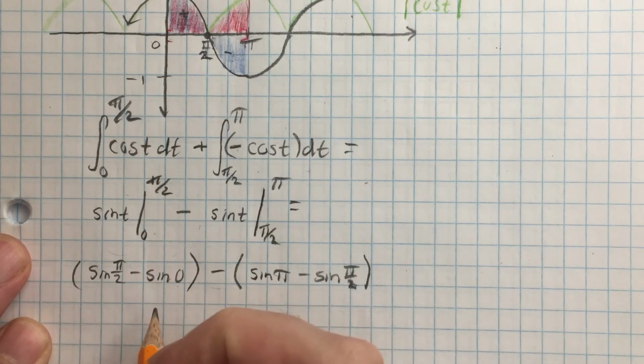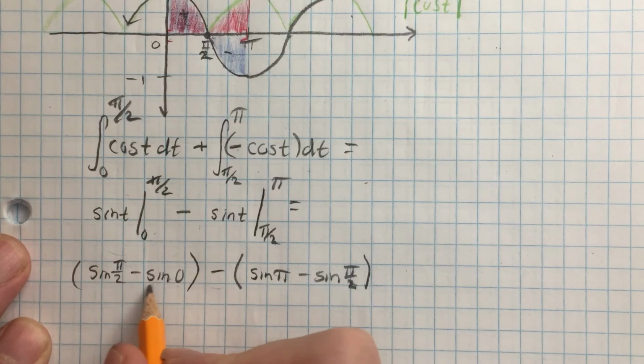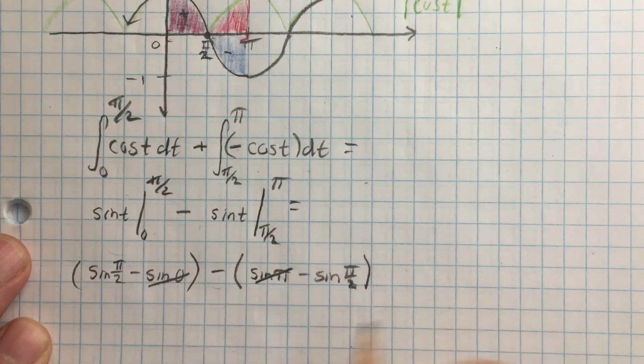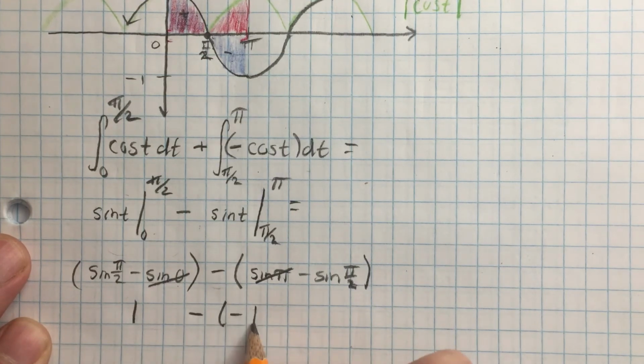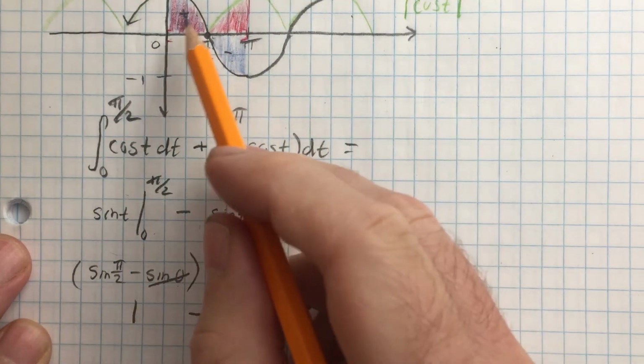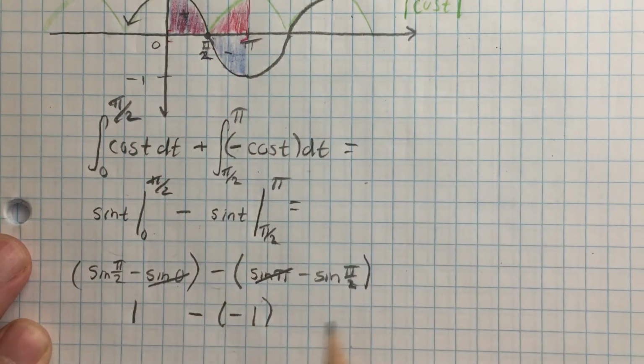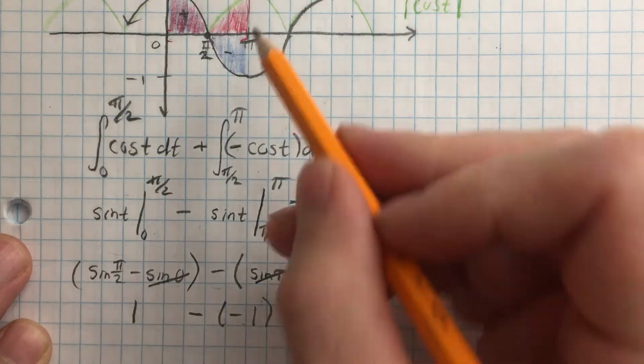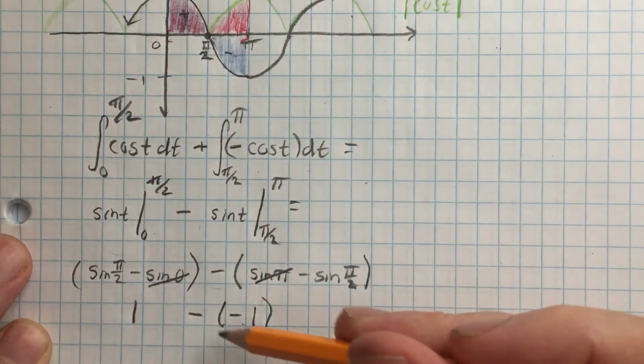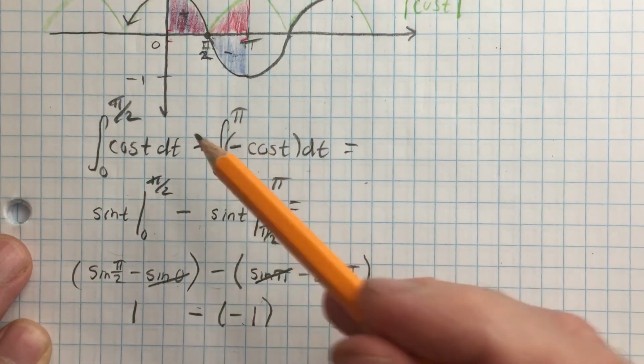Sine pi on 2 is 1, sine 0 is 0. Sine of pi is 0, and sine of pi on 2 is back to 1 again. So we have 1 minus negative 1. Again, this 1 is the first red area. This negative 1 is the blue area, and we have negated it, right, through this process.